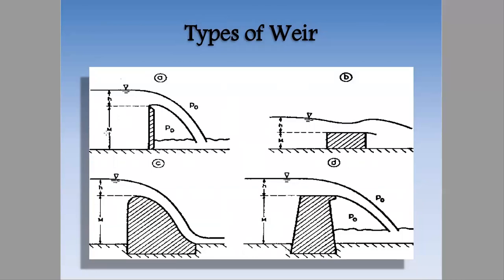These are examples of weirs. You can clearly see the difference in them: here it is just overflowing, and here the water flows along the structure. There is a difference between these two, and we have a proper name for each of them. We'll discuss each of them in detail.